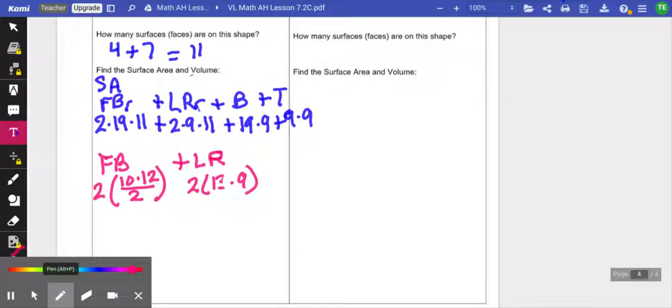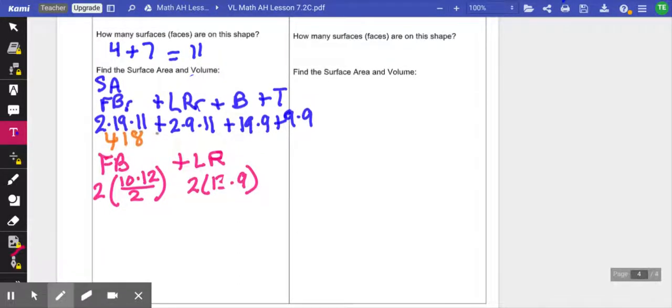Okay, so 2 times 19 times 11, that's 418. 2 times 9 times 11, that's 198. 19 times 9, that's 171. 9 times 9, that is 81. Then I'm to my triangle.